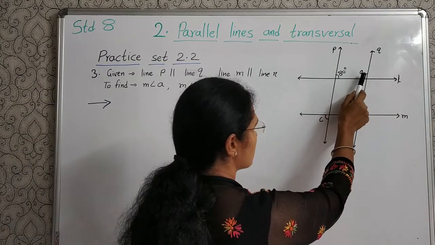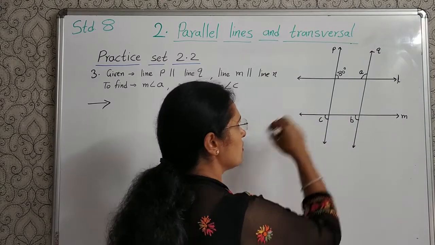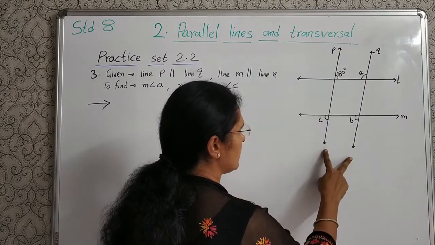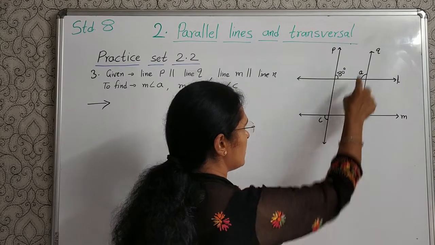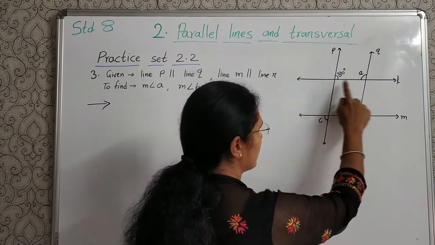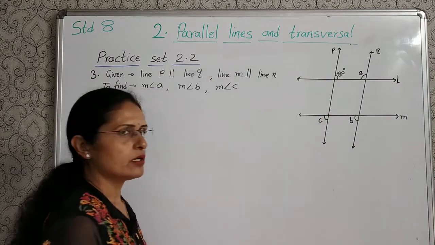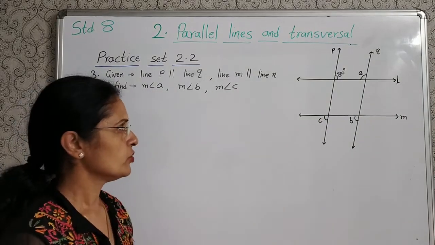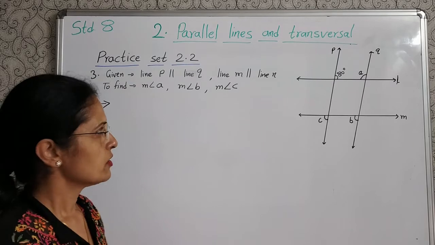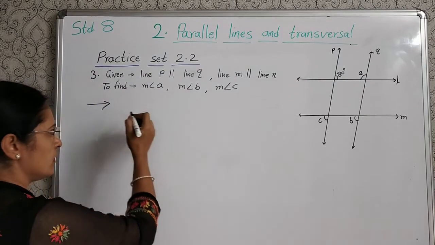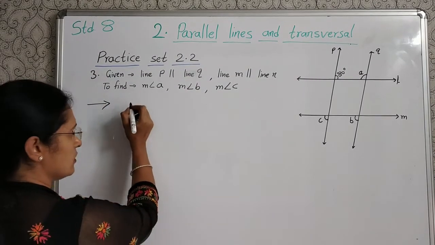See these two angles. These two angles are here in between these two parallel lines. So where line P is parallel to line Q and line L is the transversal, and these two angles are interior angles, and you know that interior angles are supplementary. So we'll solve for A here.